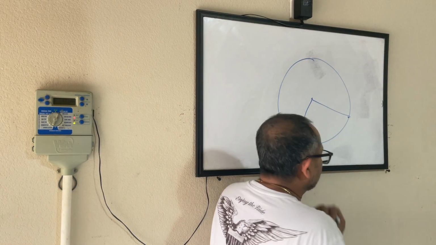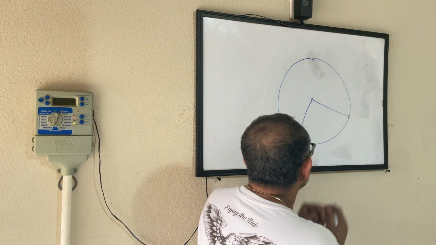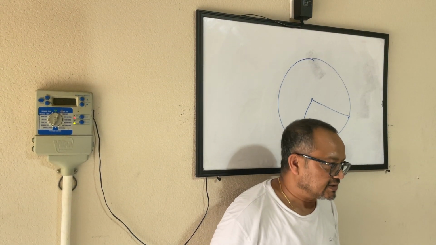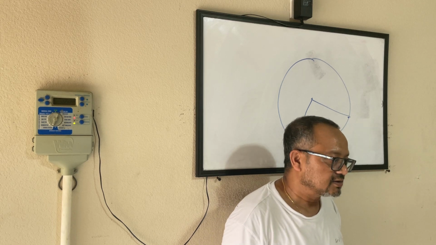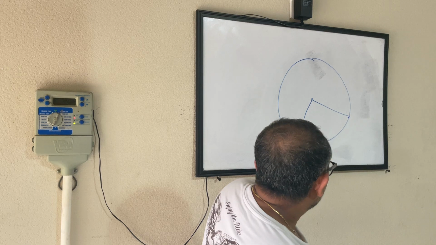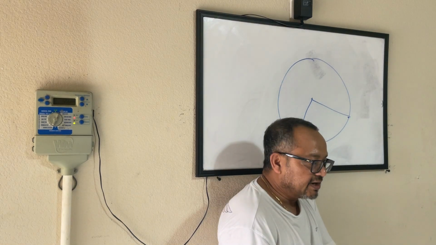The smaller part is called the smaller sector, the larger part is called the larger sector. Is that digestible so far? Everybody with me? Okay. Now, I used two terms, sector and segment.